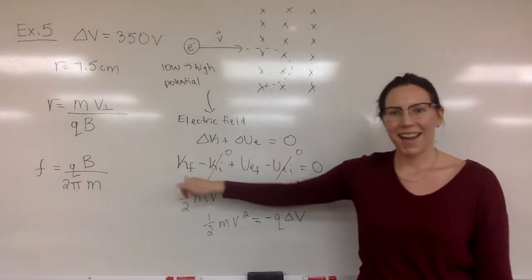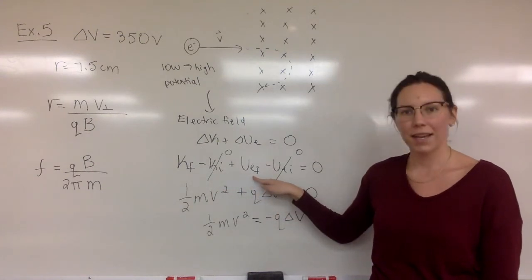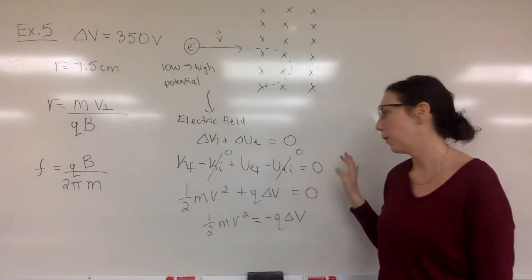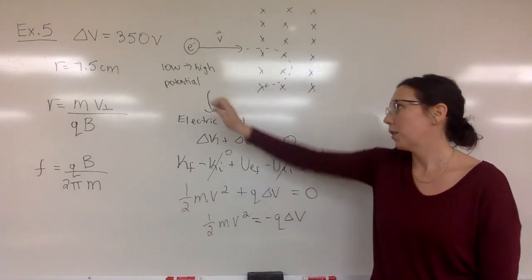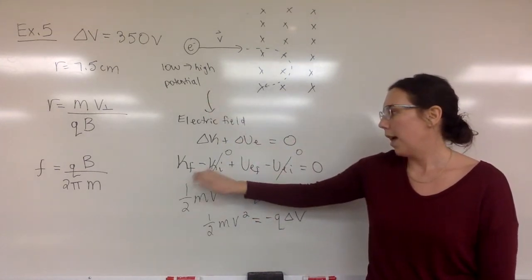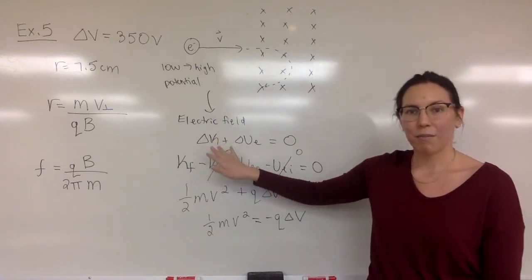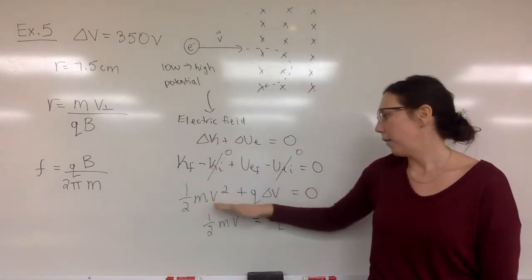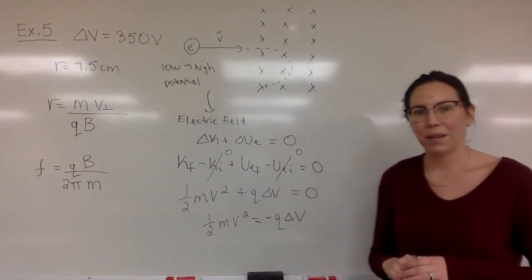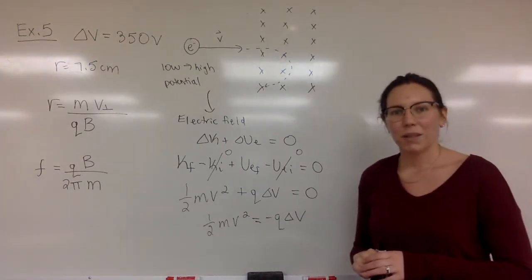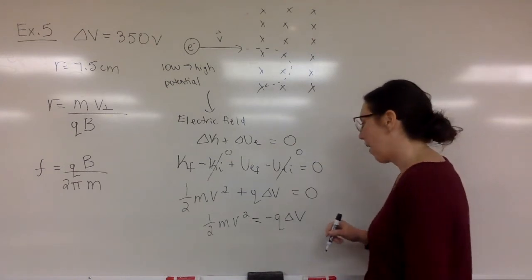Splitting that up, Kf minus Ki plus UEf minus UEi equals 0. And I explained that UEi is 0 because it's starting at low potential, and Ki is 0 because it starts from rest. So then if we follow that through, I get 1/2 mv squared equals negative q delta V, and I'm just going to solve for v here.